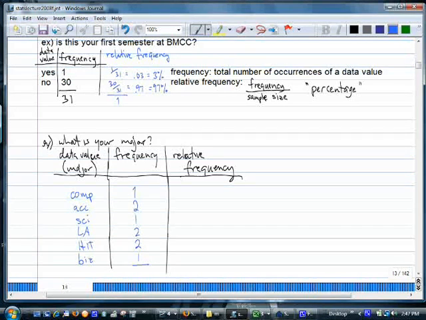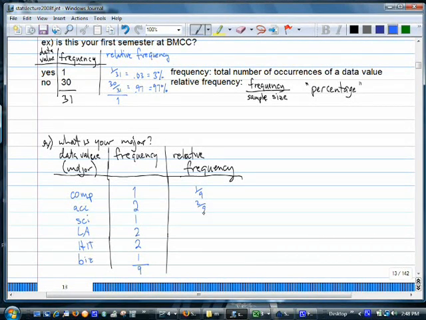So if you total it, you get 9. So what's the relative frequency for computers? 1 out of 9. Accounting, 2 out of 9. And if you add those all up, you get 1.